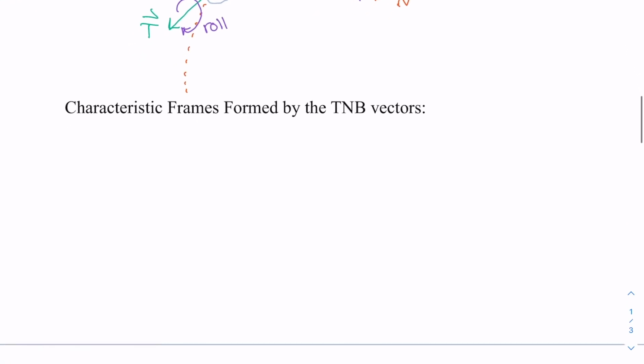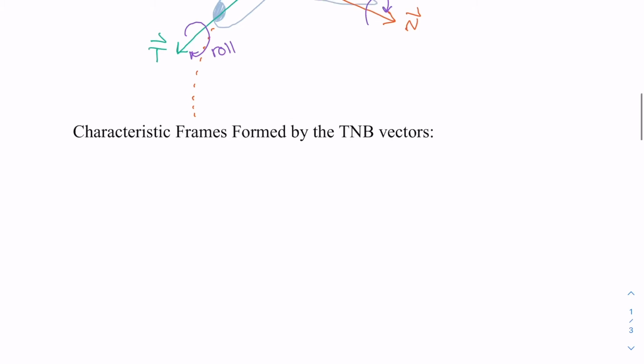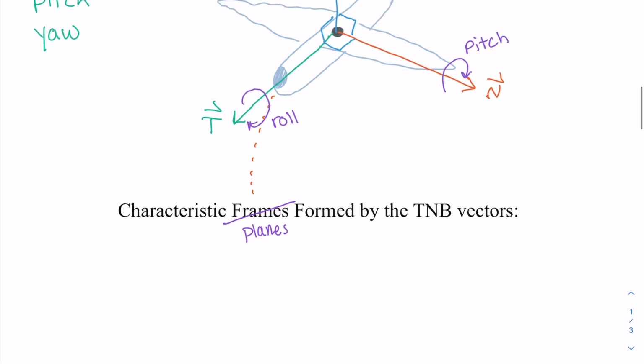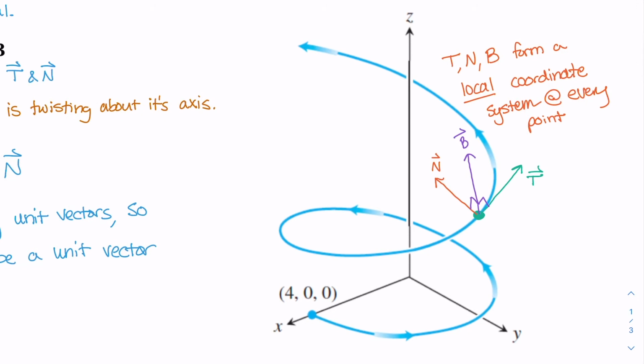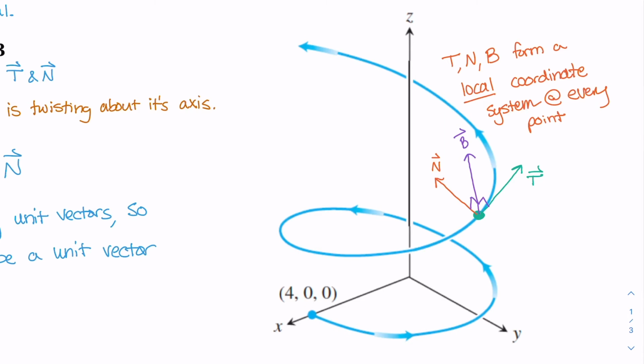Another unique thing about the TNB frame is the characteristic planes, formed by the TNB vectors. So just like for our global coordinate system, we have three planes: the XY plane, the XZ plane, and the ZY plane. So there are three characteristic planes to the XYZ coordinate system.